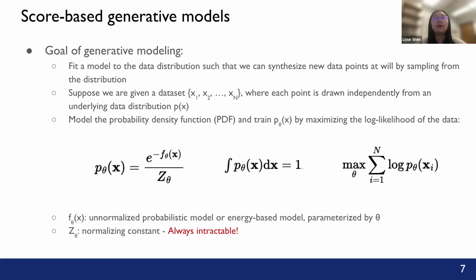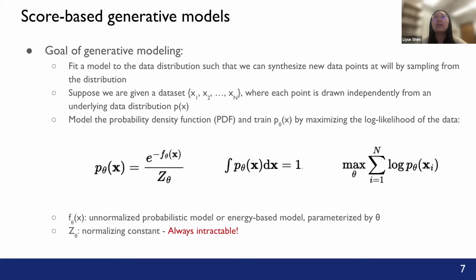The function f here is parameterized by theta, the model parameters we want to use for the parameterization. By maximizing the log likelihood of the sampled data, we try to train p_theta(x) to parameterize the distribution we're interested in using model parameters theta.